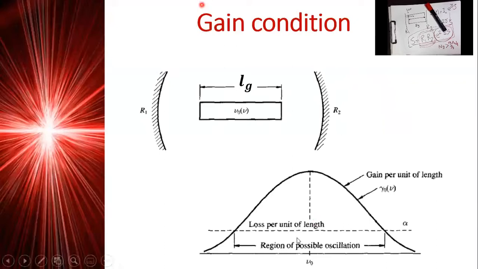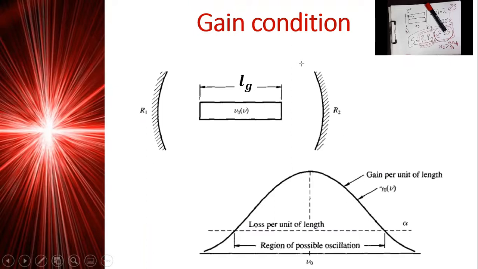Accordingly, in this curve, you can divide it into two regions. This region is the region at which gamma of mu is greater than alpha.